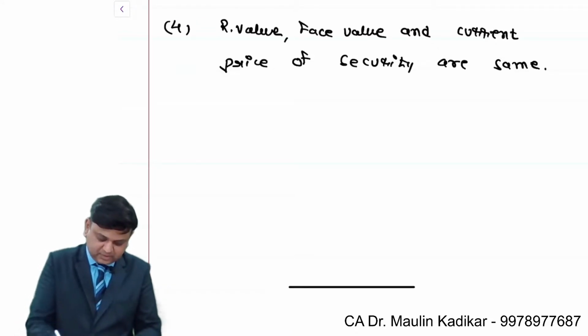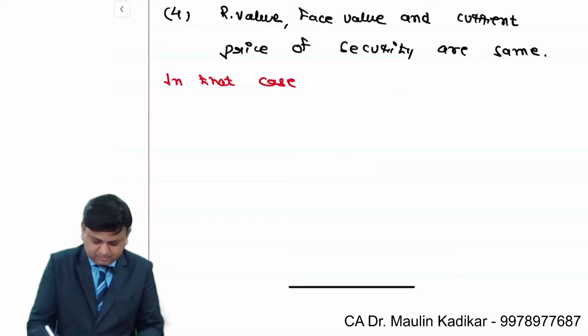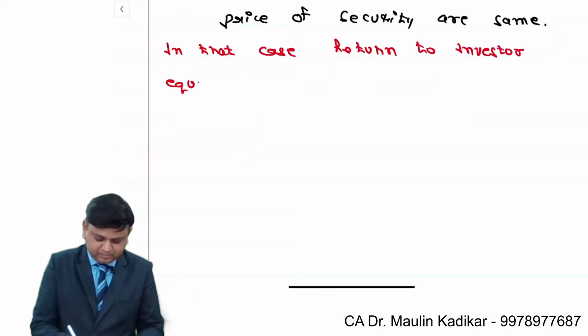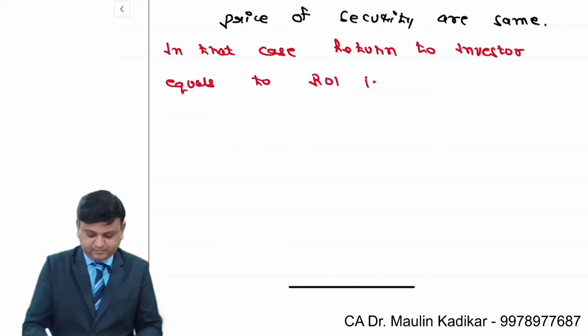Full stop. In that case, return to the investor equals the rate of interest, that is 8%.